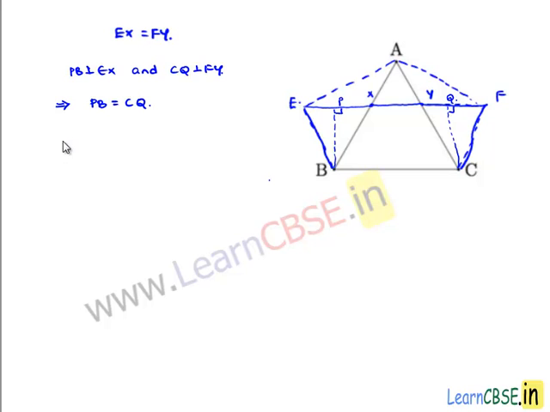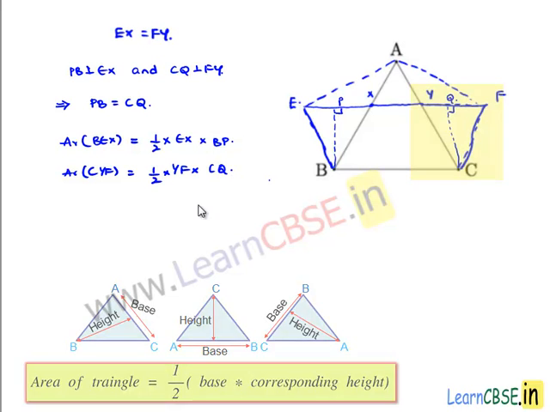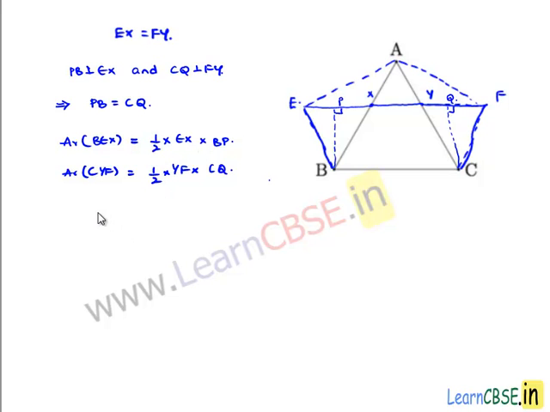Now, let us find the area of triangle BEX, which is equal to half times base EX times height BP. And area of triangle CYF is equal to half times base YF times height CQ. Let us find the ratio of these two triangles.